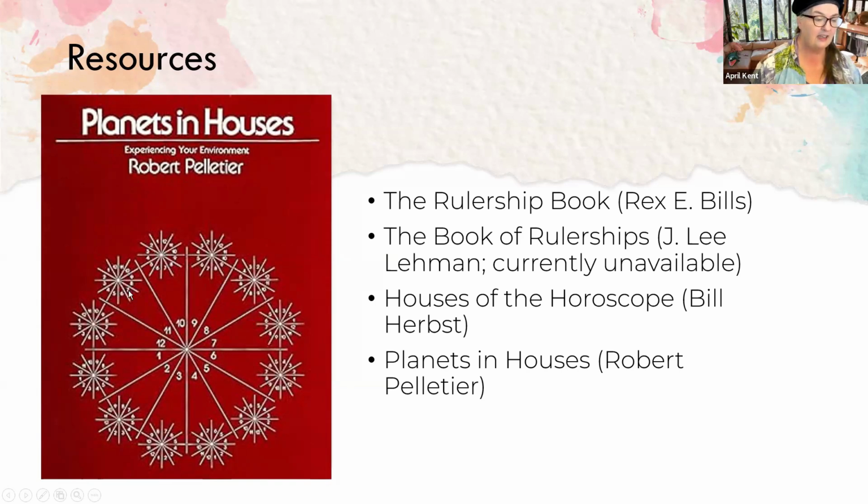Or he'll say, this is your partner's home, the 4th from the 10th. So it's an excellent book. I can't recommend it enough. If you only got 2, I would get Planets in Houses and the Rulership book to go down this particular road. I will send you a download for these slides, so you will have all this information.